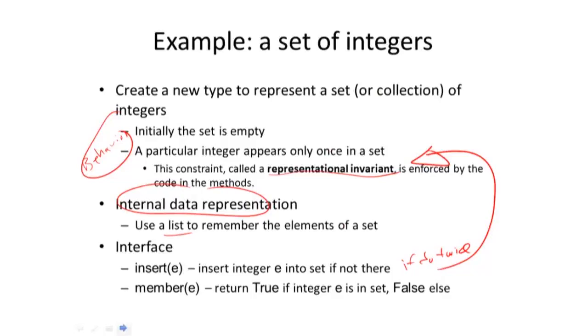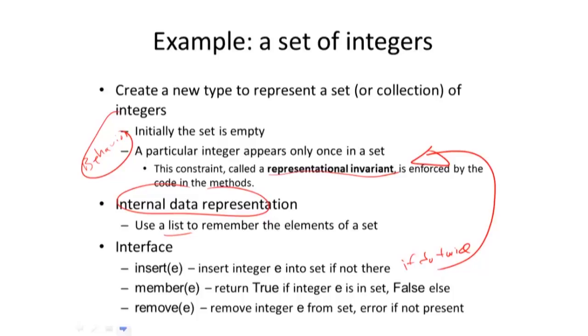Second thing I'd like to know as well is something there. And I'll call that member. So member will take an integer e, and for an instance of a set, it will return true if e is in the set. It will return false otherwise. And I'd like, finally, of course, to be able to take things out. I'd like to be able to remove things from the set. Okay? And so I'd like to say, given an integer e, let me take it out of the set.